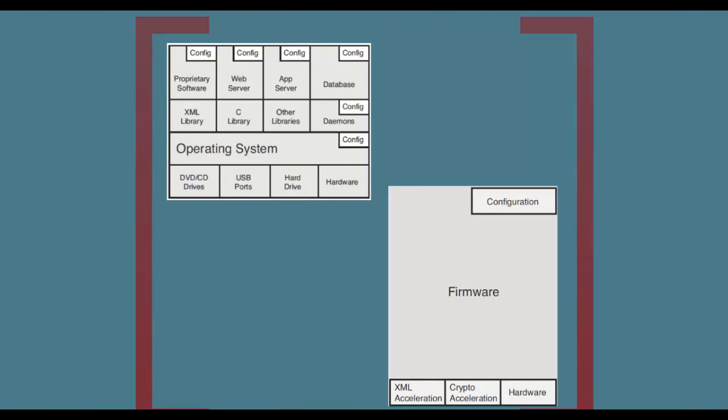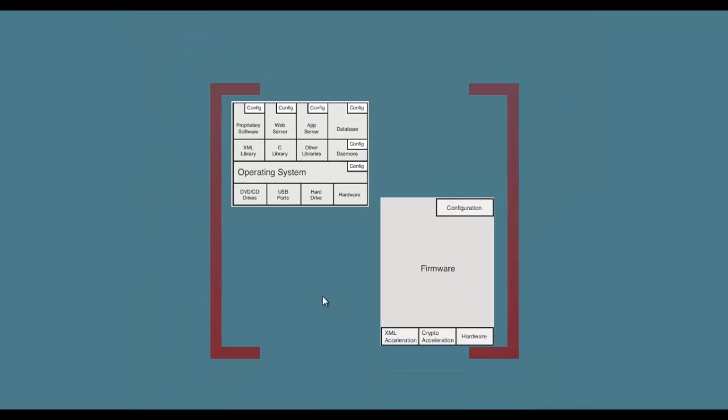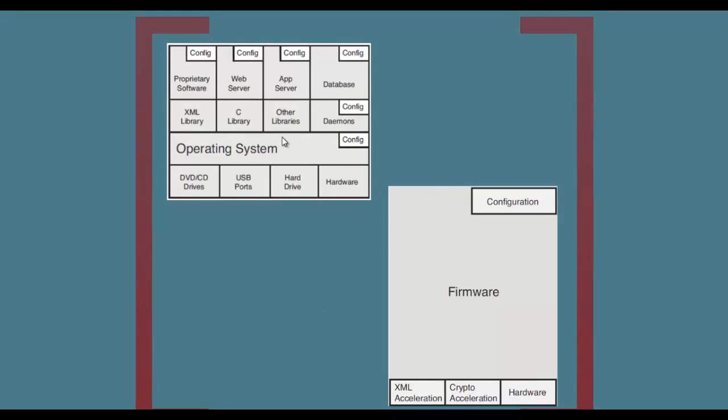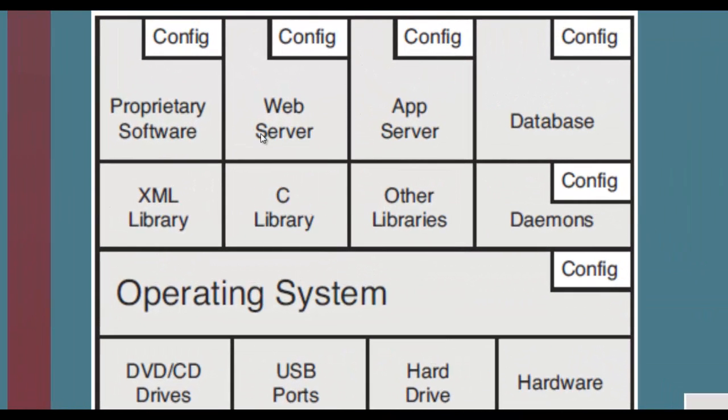Now let's have a look at why we call DataPower an appliance, and what's the difference between the traditional environment and the DataPower environment. So you're looking at a traditional ESB product that exists in the market, and this is how its components are configured. The traditional appliance has a hardware layer consisting of hardware components like a CD drive, USB ports and hard drives.